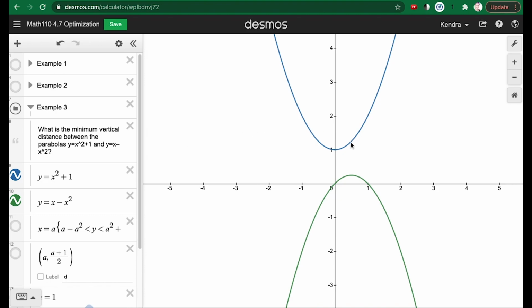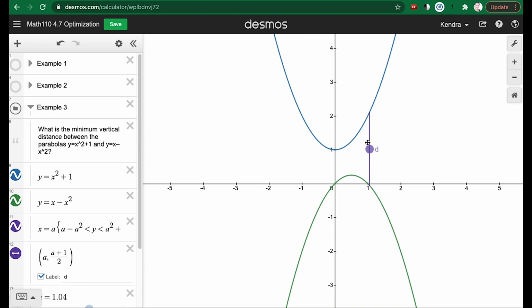Between any 2 points, at any given x value, there's a vertical distance between these points. So I put these up. This would be the vertical distance between the 2 graphs at various x values.